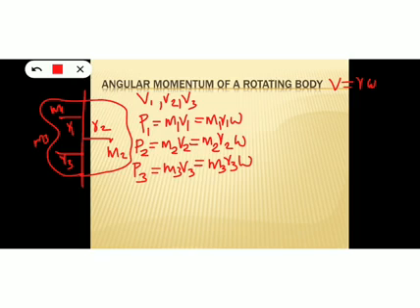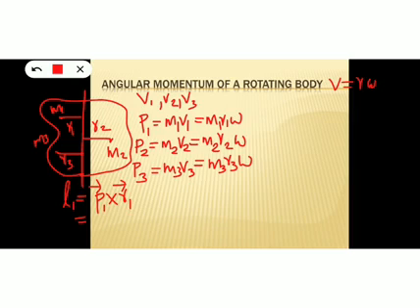We have already studied the expression for the angular momentum of a particle inside the rigid body. Angular momentum L is equal to P cross R, where P is the linear momentum and R is the radius. So the angular momentum of the first particle will be P1 cross R1.